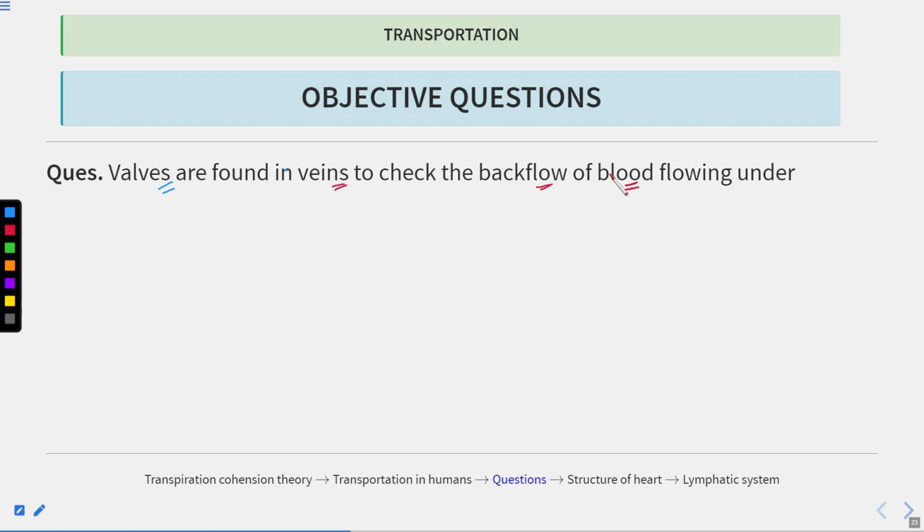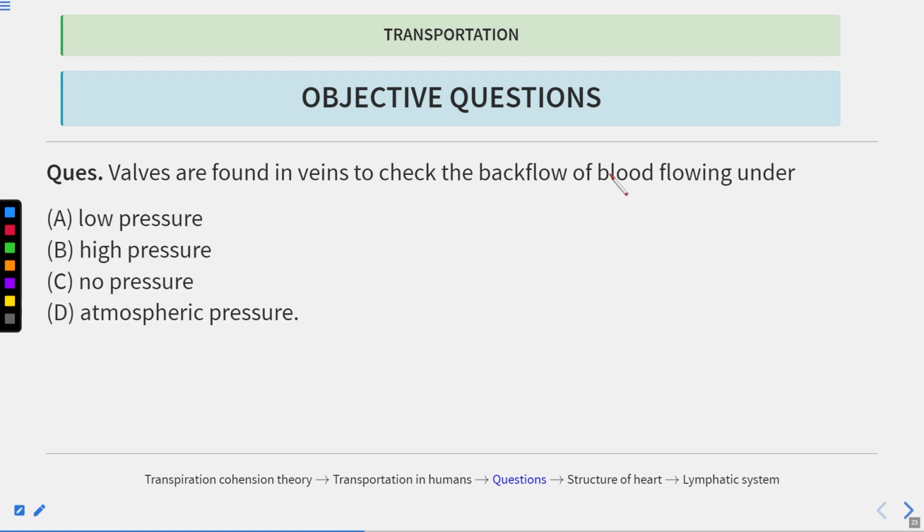Now they are asking whether the pressure in the veins is low, whether it is high, whether there is no pressure, or it is under regulation, or it depends on the atmospheric pressure. So option D is not correct. Why? Because the pressure in the veins is not related to the atmospheric pressure. It is different from that.